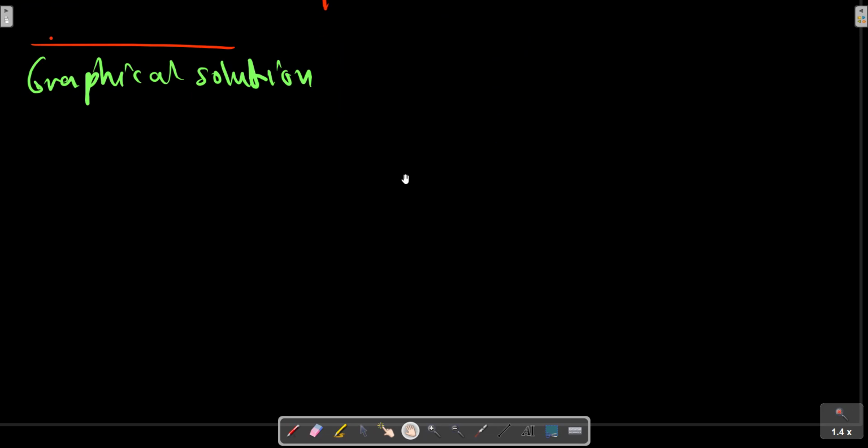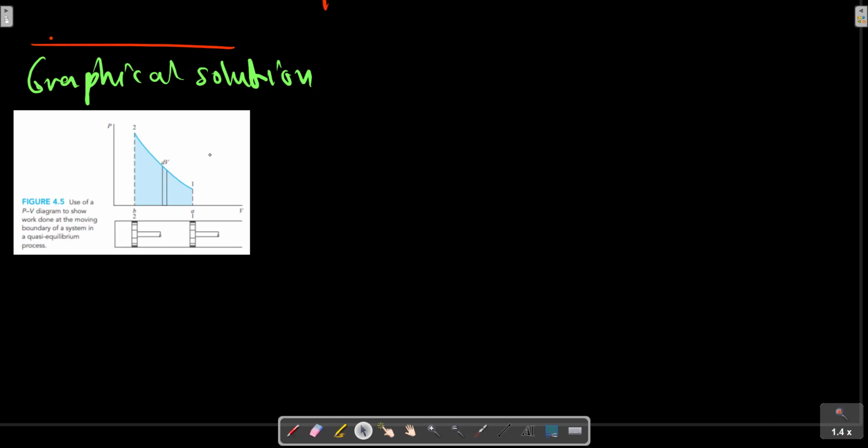We use an example compression process such as occurs during the compression of air in the piston and cylinder shown in this picture. At the beginning of the process, the piston is at position 1.